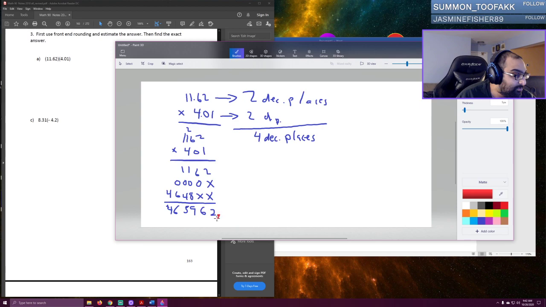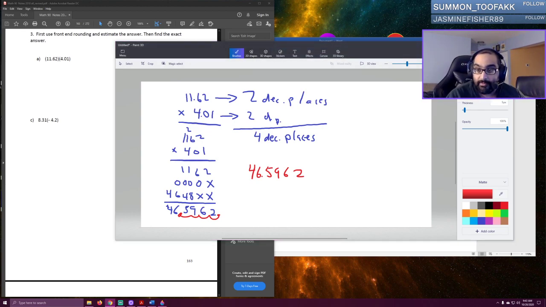So we're going to move left 1, 2, 3, and 4. We're going to put that decimal point right there. So 46.5962 would be our answer to this problem. And that's how we get our final answer for that.